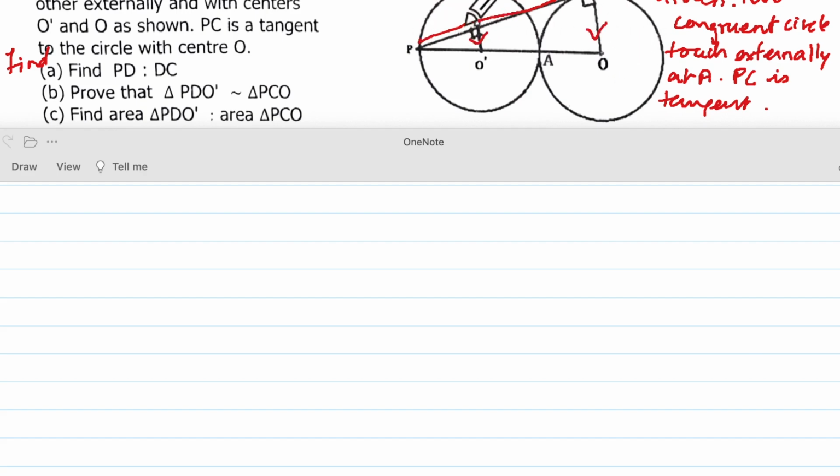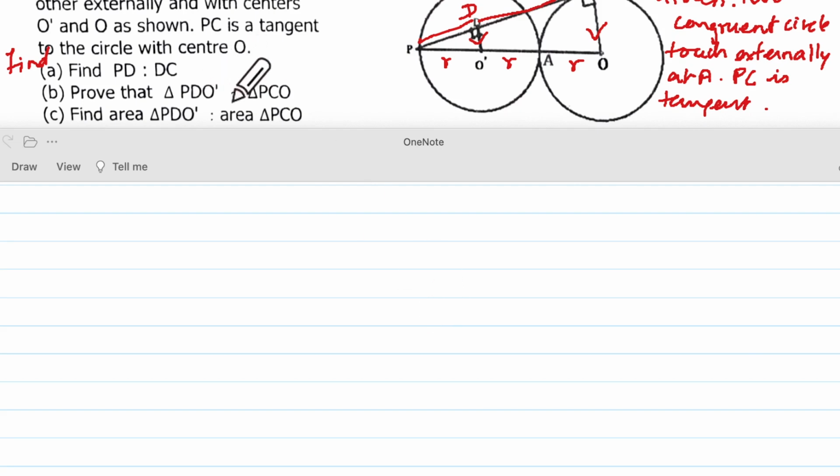So I can say PD upon DC will be equal to this is to this, understanding? That will be faster because both the radii are equal. So this is R, this is R, this is R. Correct? So PO dash is to O dash O will be R is to 2R, no? Won't it go faster?